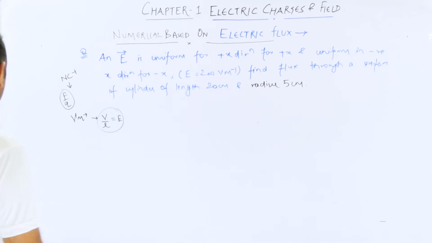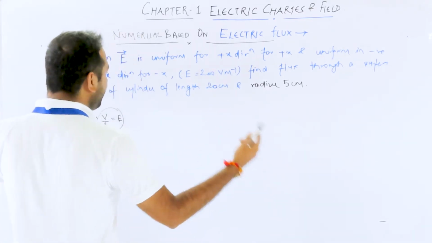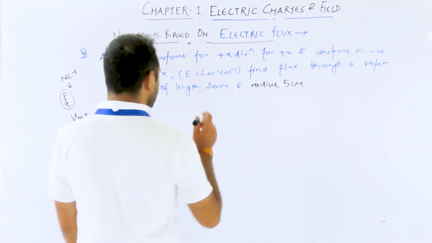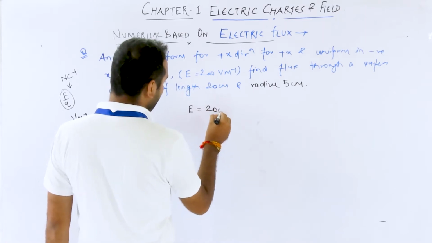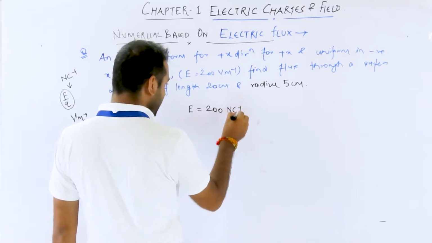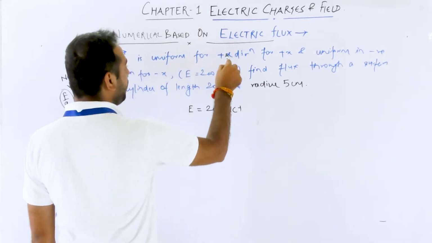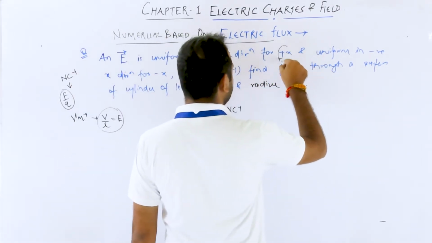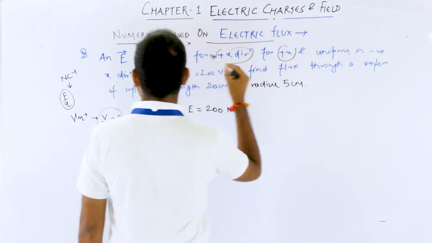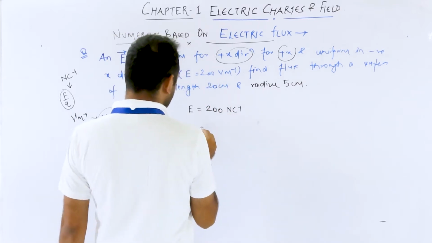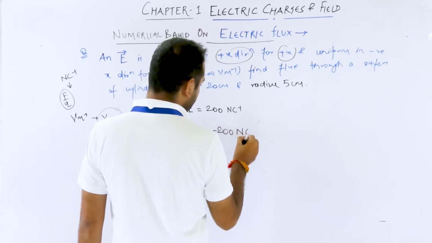Let's discuss this problem first, but before that we should define how the electric field is given in this problem. The electric field is given as 200 volt per meter or Newton per coulomb, both are the same. They said the electric field for positive x direction is positive, and for uniform in negative x direction it is negative, minus 200 Newton per coulomb.